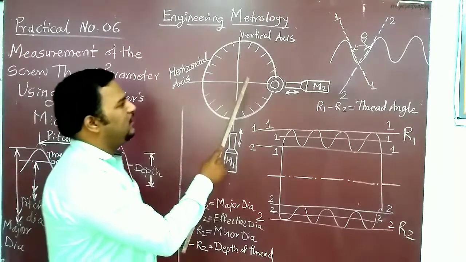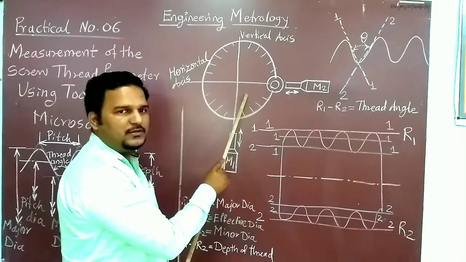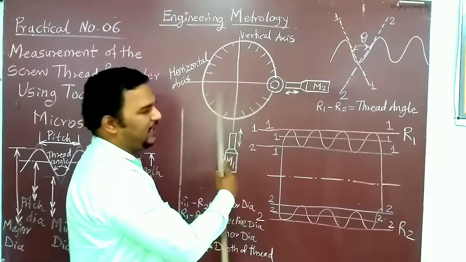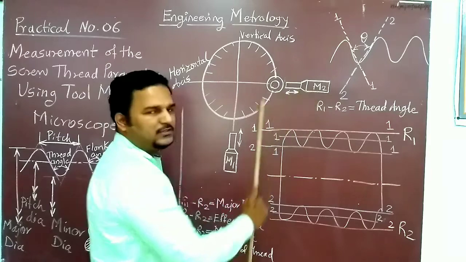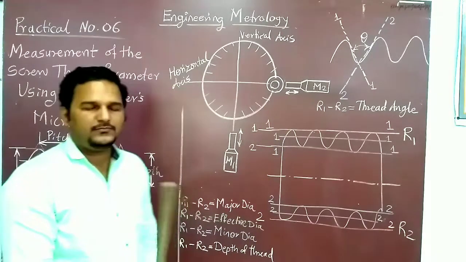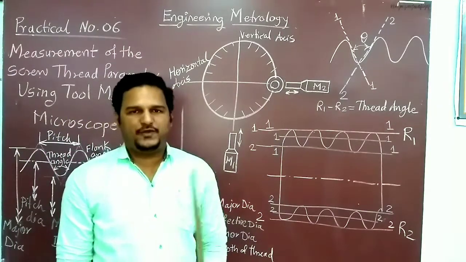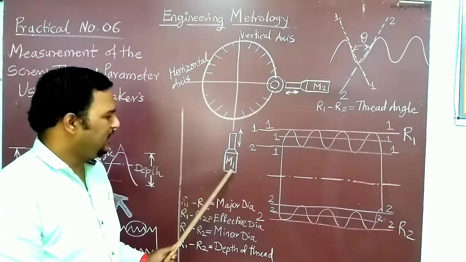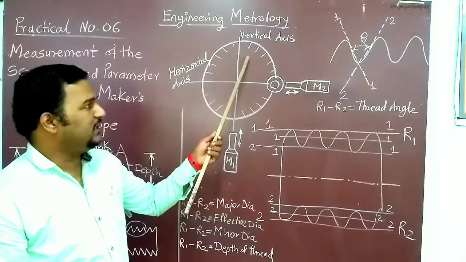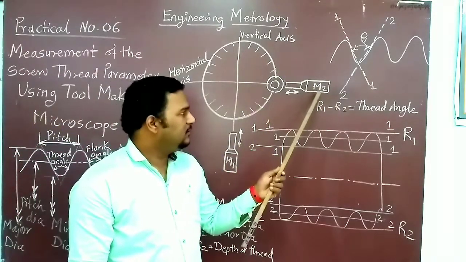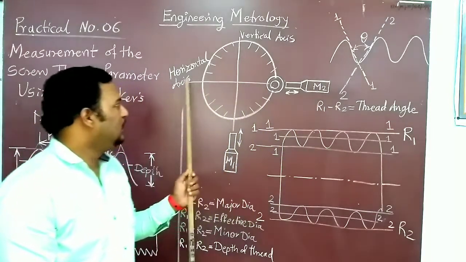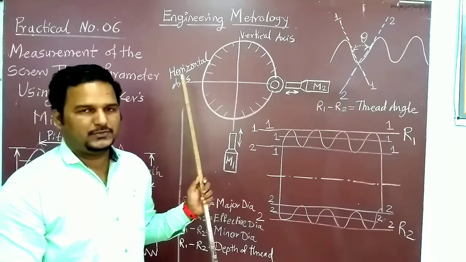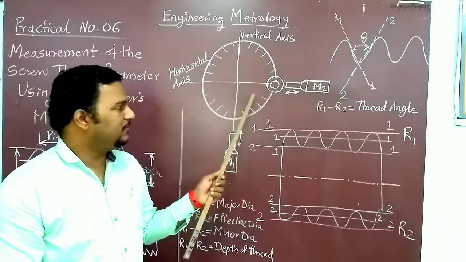And the shadow obtained on this screen is moved along the other axis by this second micrometer. So basically, the optical profile projector consists of a display screen, a micrometer for the vertical axis movement, and a second micrometer for the horizontal axis movement.